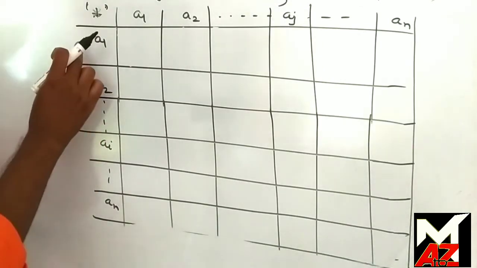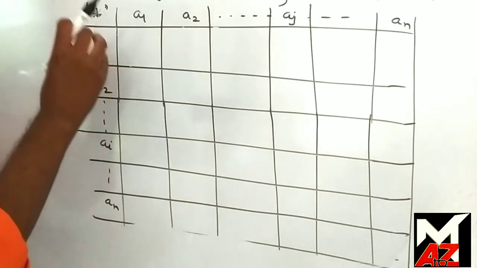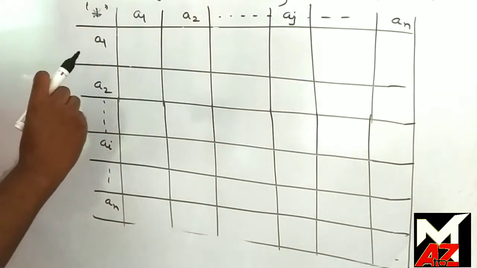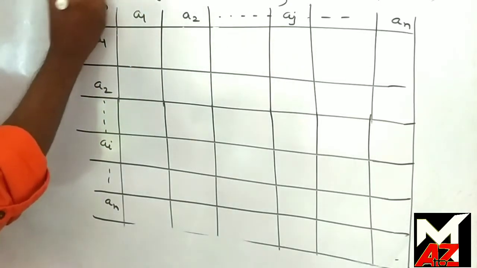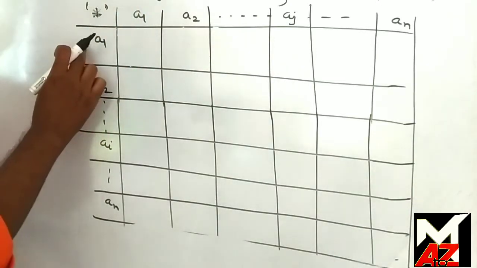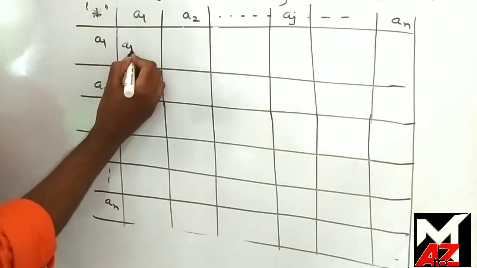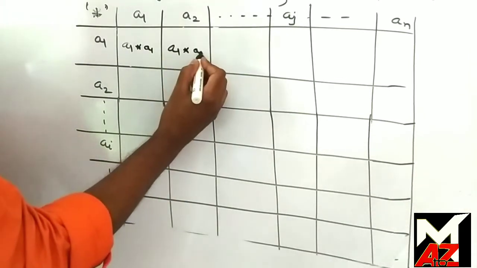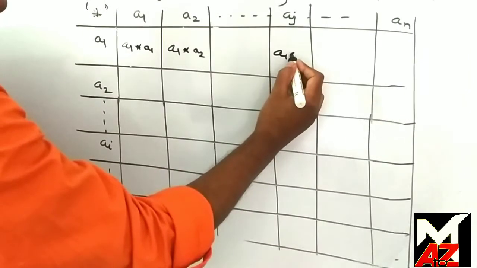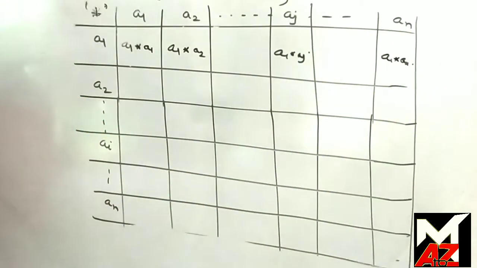Now we calculate all the binary compositions. All the binary compositions means here n cross n binary compositions: A1 star A1 here, A1 star A2 here, to A1 star AJ here, to A1 star AN here.